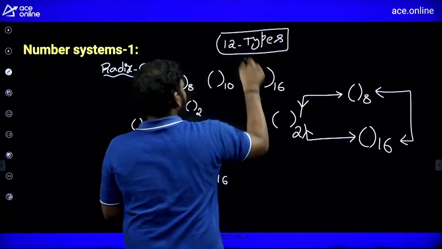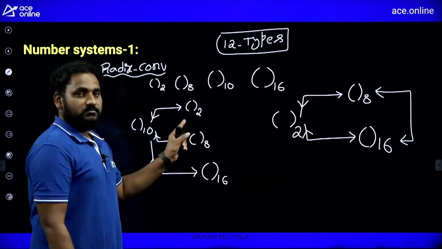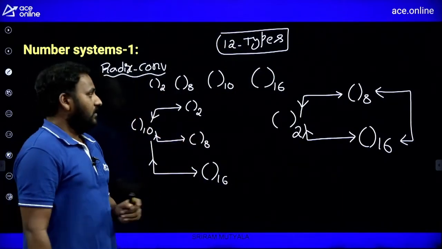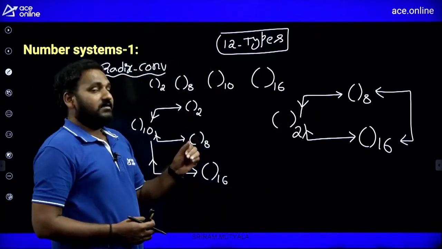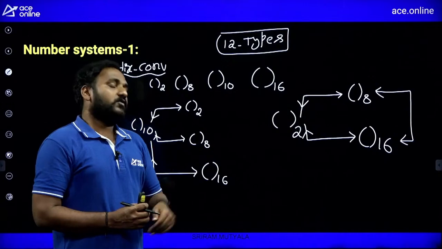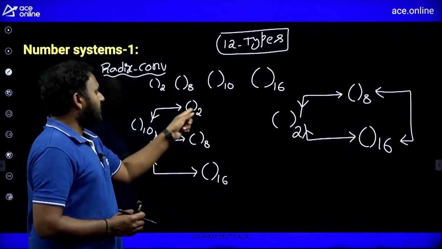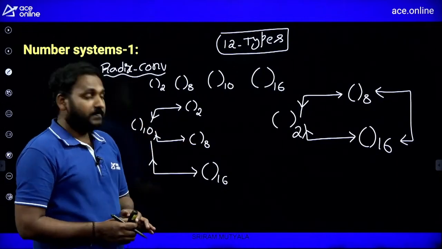You don't have any other conversions from here. You take randomly any conversion, you can see it as one of the conversions here. Binary to octal we can do in two ways. Of course, there are 2 different methods. You can convert binary to decimal and then decimal to octal, a lengthy procedure.